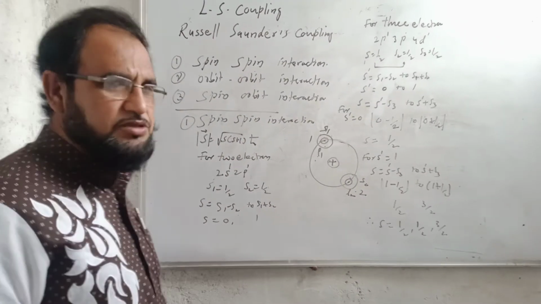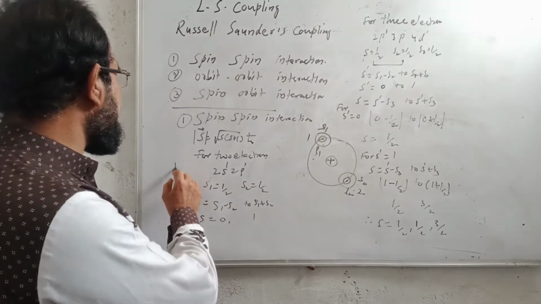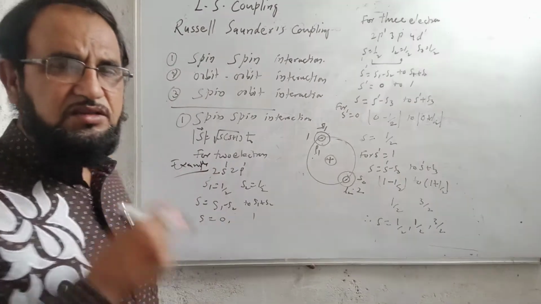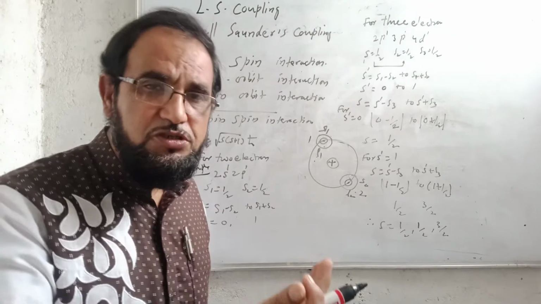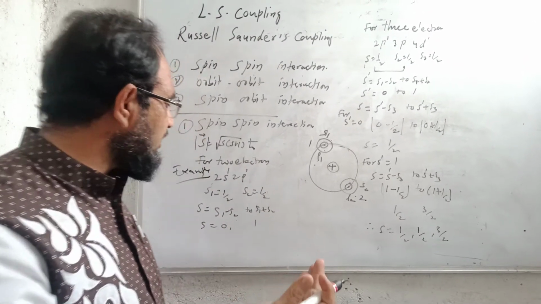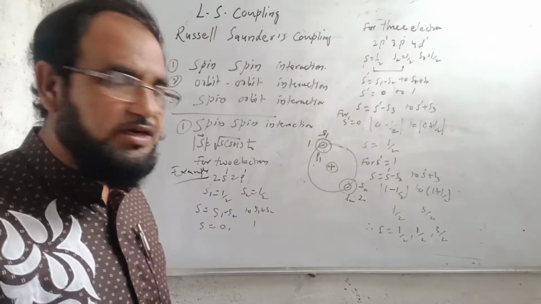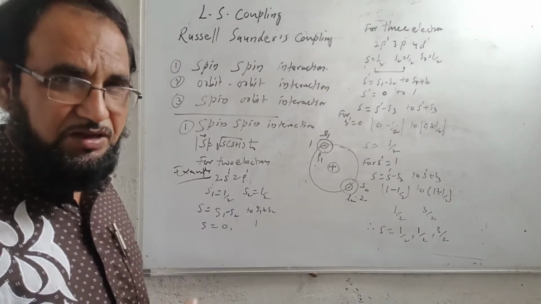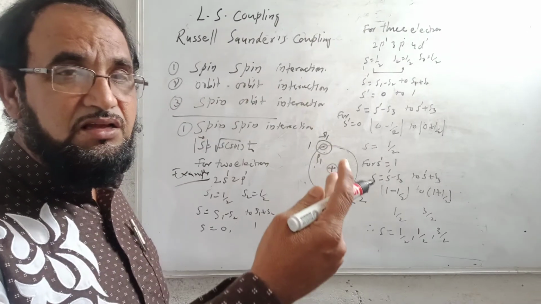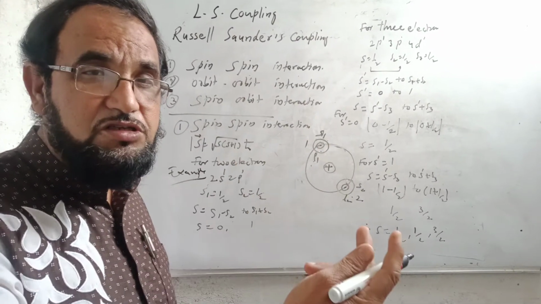The electrons in the outermost orbit, the valence electrons, will contribute to the spin angular momentum and the orbital angular momentum for the LS coupling. So for LS coupling we are interested only in the electrons in the outermost orbit.